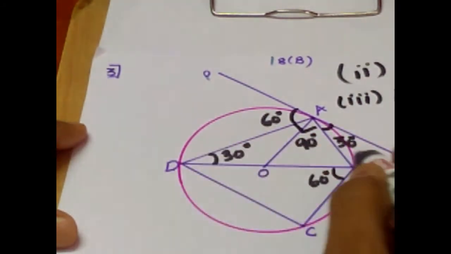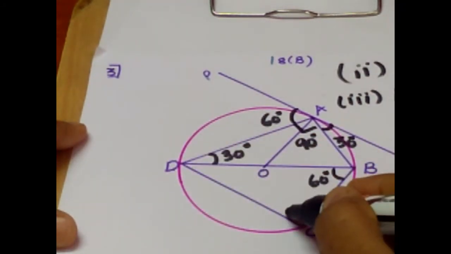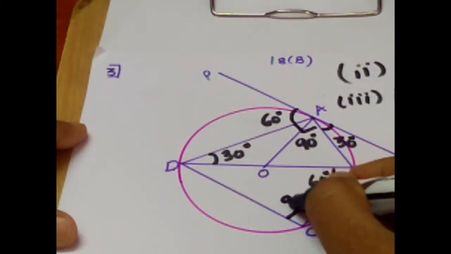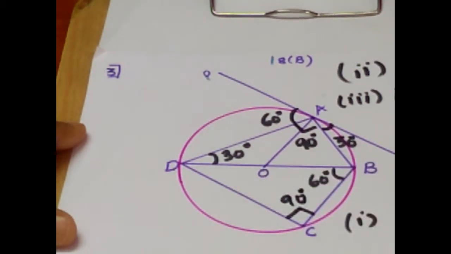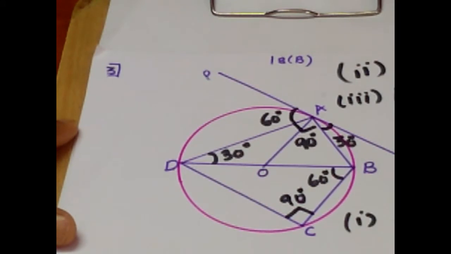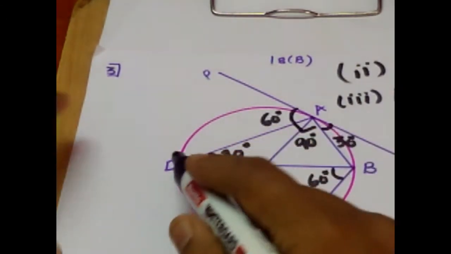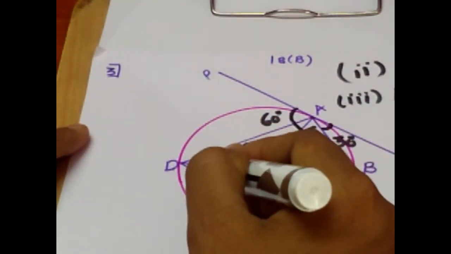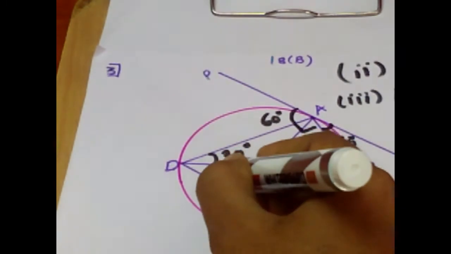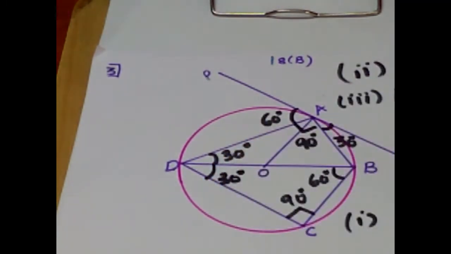See, again DB is a diameter. Hence, I can say angle DCB is equal to 90 degrees. Angle in a semicircle is a right angle. In a similar manner, by applying the angle sum property in triangle DBC, the measure of angle CDB is equal to 30 degrees.